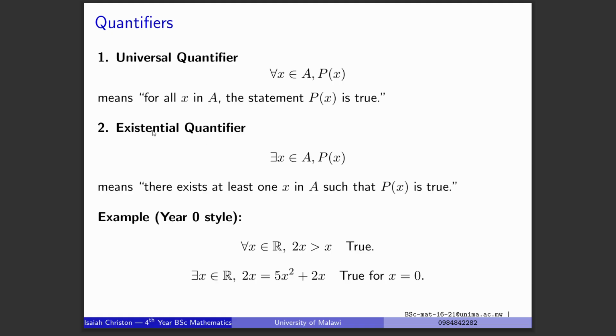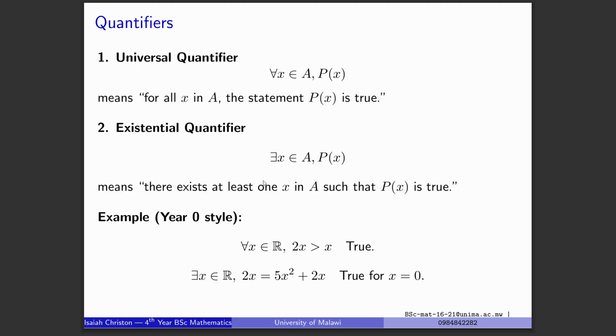On the existential quantifier, we're going to say this one denotes the existential quantifier. This one is from set theory. This one is just the set, and this one is just the proposition, as I said here.